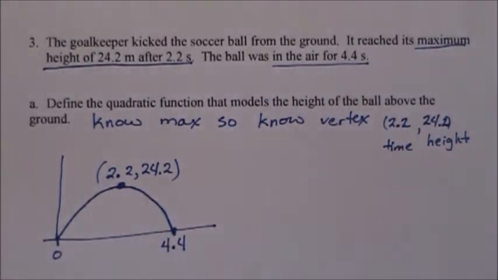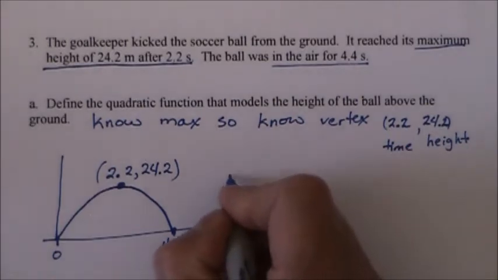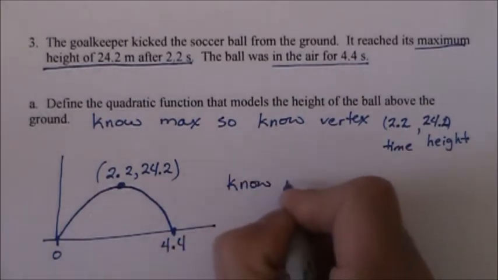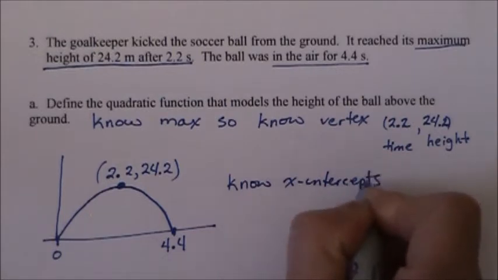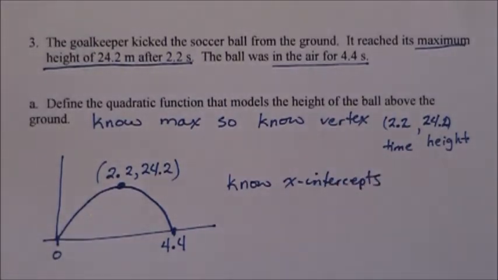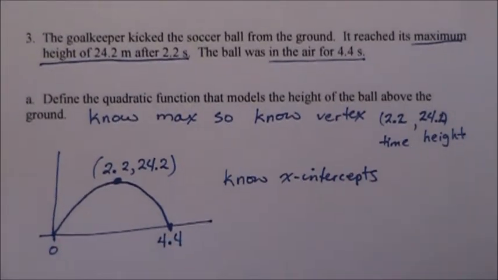So, looking at this, not only do we know the vertex, we also know x-intercepts. And there happens to be 2 of them. We have one here at 0 and one here at 4.4.